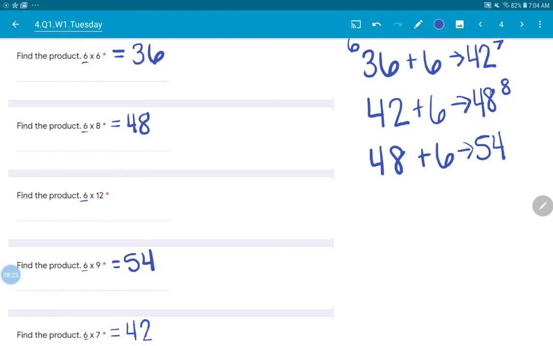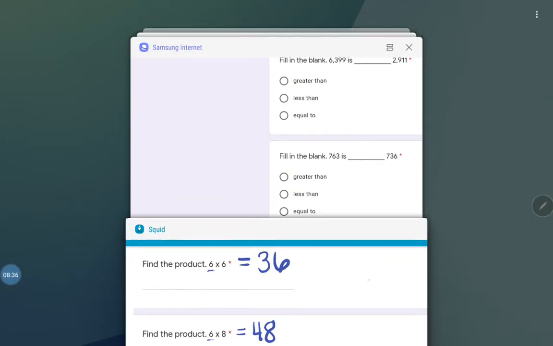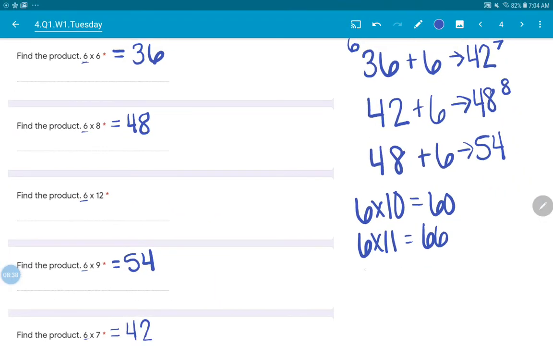So now we have 6 times 12 left. So if I know that 6 times 10 is 60, 6 more, 6 times 11 would be 66. I need 6 more than that. 6 times 12 equals 72.